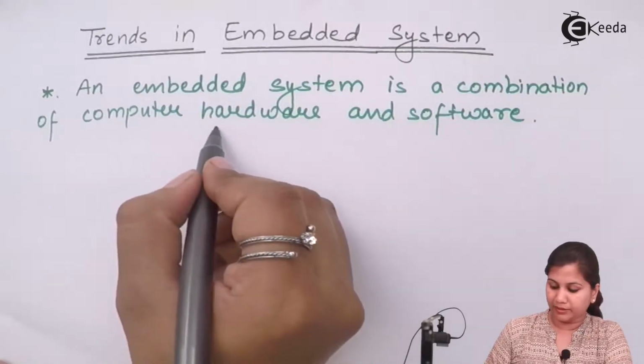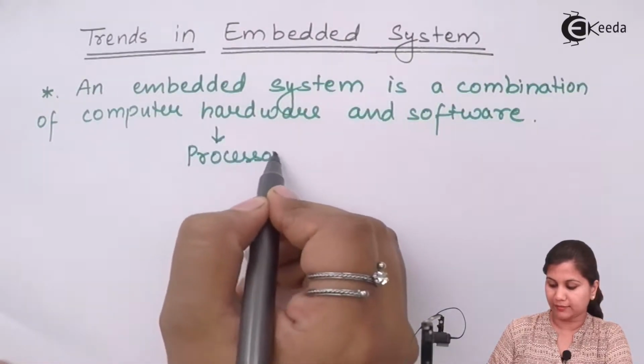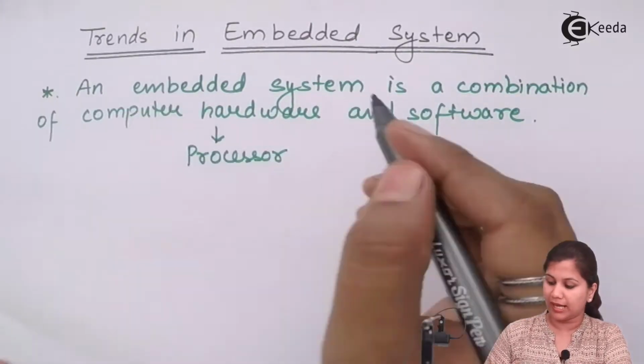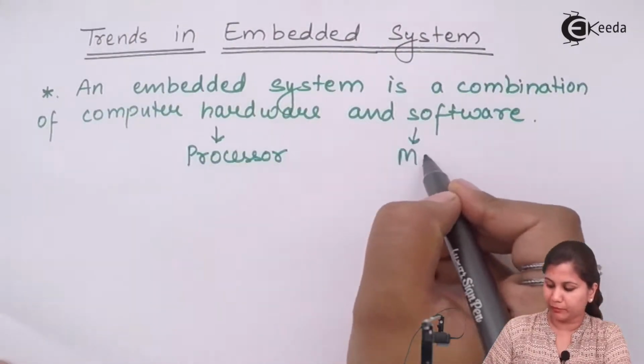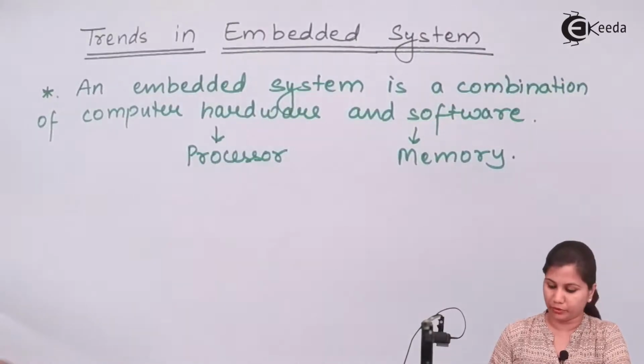The hardware part is the processor which is processing all the tasks, doing all the calculations and processing, and the software part is the memory in which the data and the programs are stored.